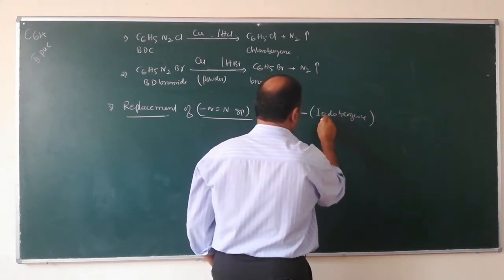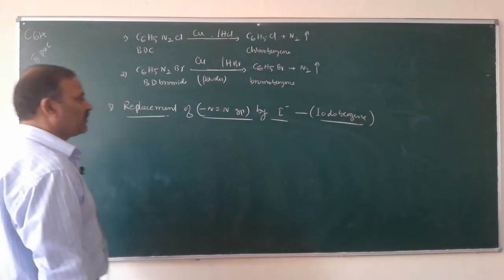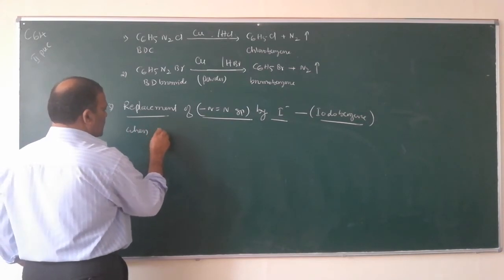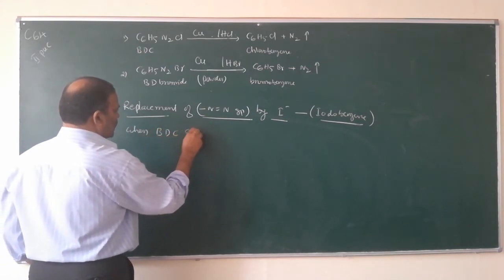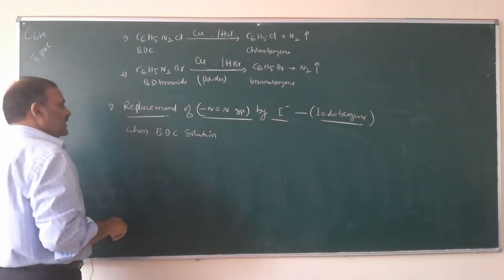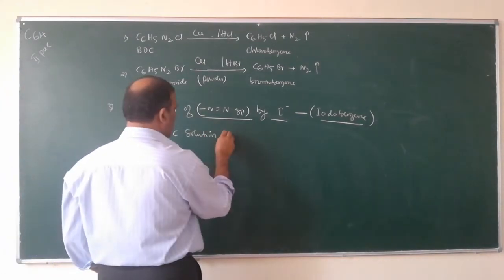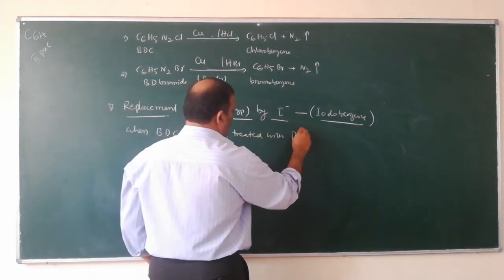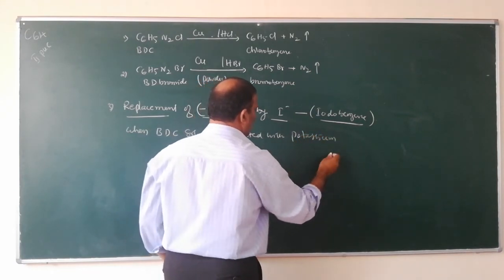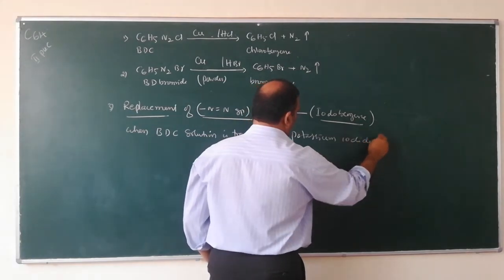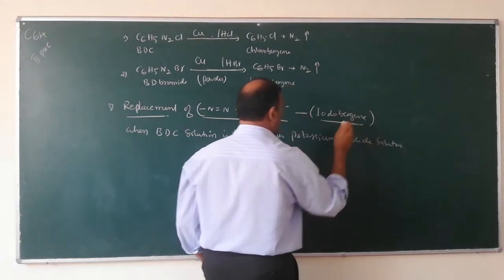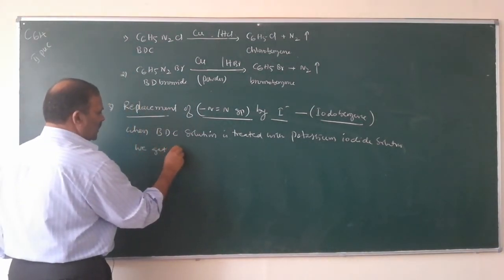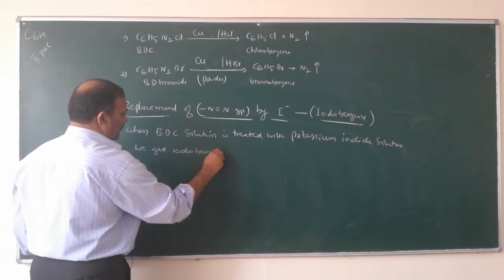Or you may ask how iodobenzene is obtained from benzene diazonium chloride. Write down: when benzene diazonium chloride solution is treated with potassium iodide solution, we get iodobenzene.